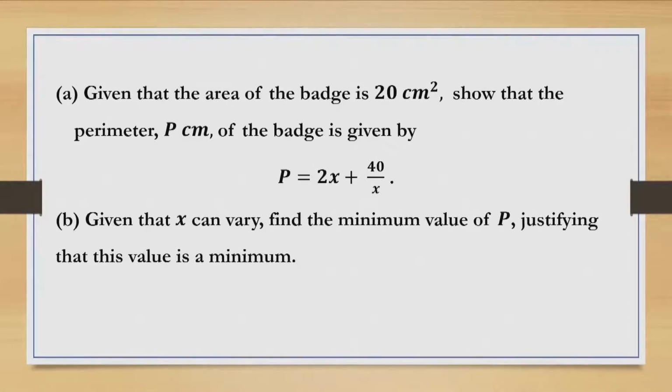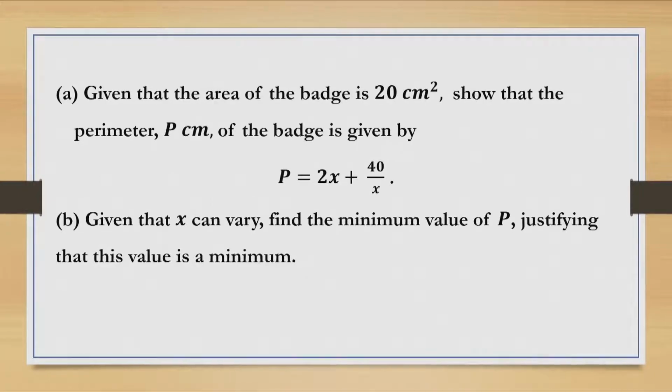Part A, given that the area of the badge is 20 centimeters square, show that the perimeter P centimeters of the badge is given by P equal to 2x plus 40 over x. Part B, given that x can vary, find the minimum value of P, justifying that this value is a minimum.